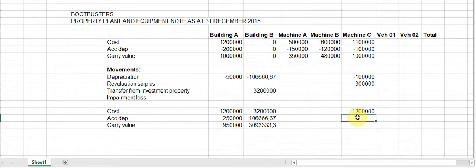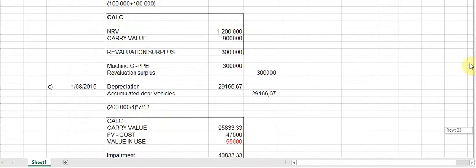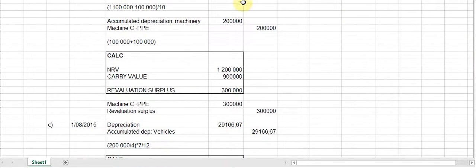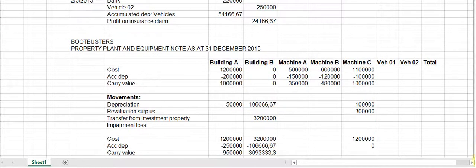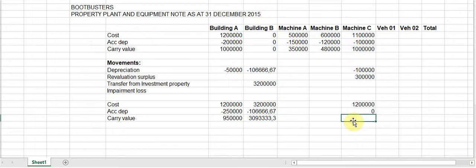And this asset will currently not have any accumulated depreciation on it because we eliminated all of it with this entry, because it was 100,000 of the previous year plus 100,000 for the current year. So we took all of that out of the account. So there's zero. And the carry value will then just be the net replacement value.